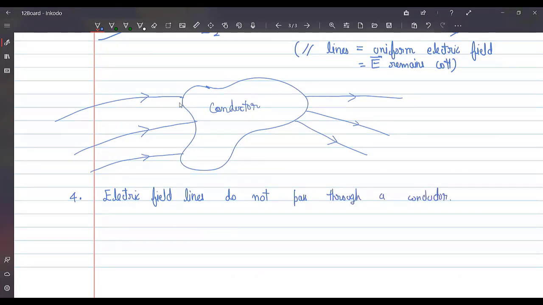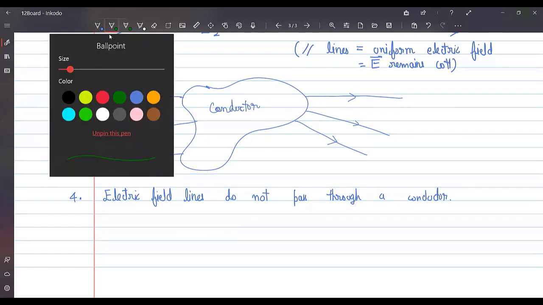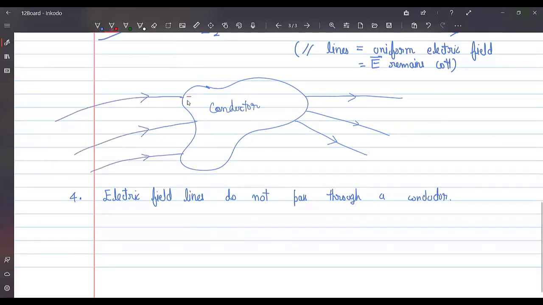And this is the reason that electric field lines terminate at negative charges. Here negative charges will accumulate because the electric field has to terminate. And on this region, positive charge will accumulate because we want electric field lines to start from this point.